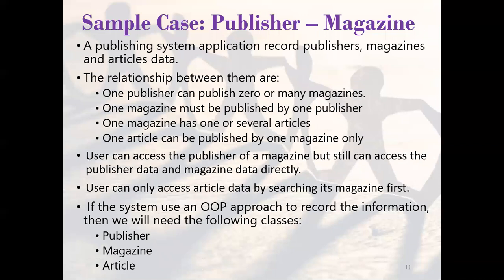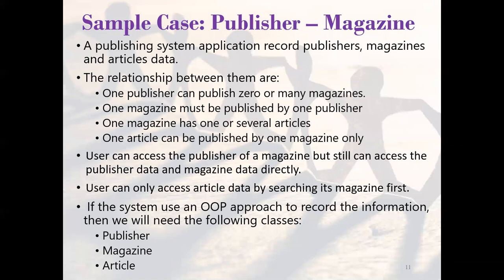Now let's talk about a bigger case. This is a case of publisher and magazine. A publishing system application records publishers, magazines, and articles data. The objects are publishers, magazines, and articles.